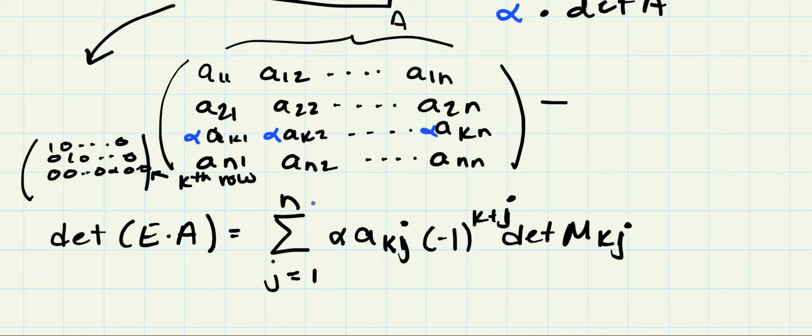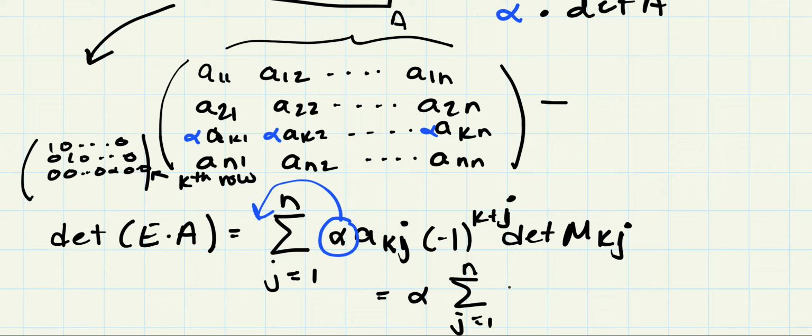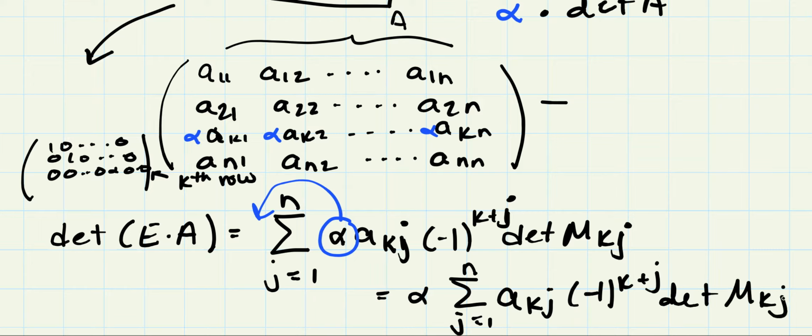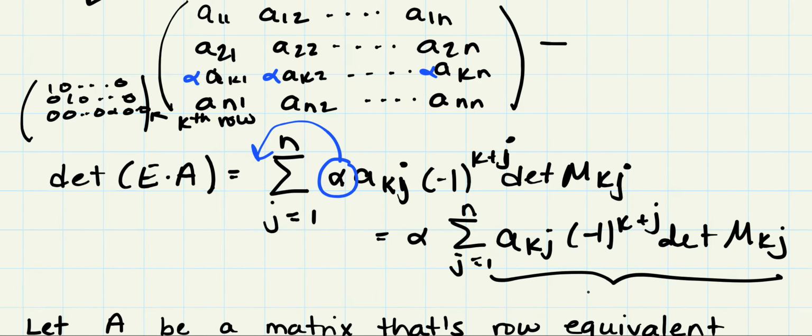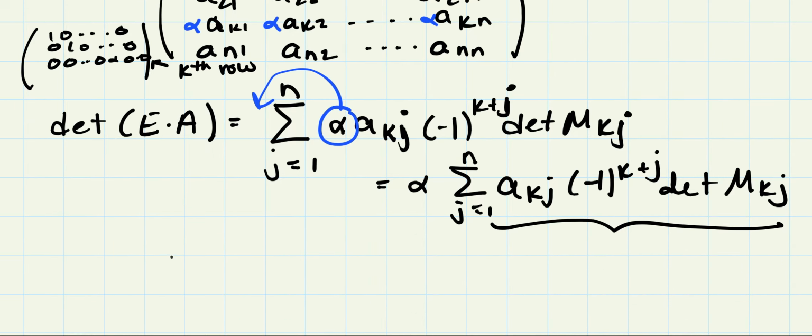And notice, because this is a summation and this is a scalar, we can take that scalar outside. And so we get alpha times the sum, J is 1 to N, of AKJ, -1 to the K plus J, determinant of MKJ. But this right here is the determinant of the original matrix, A. So what we get is this is equal to alpha times the determinant of A.